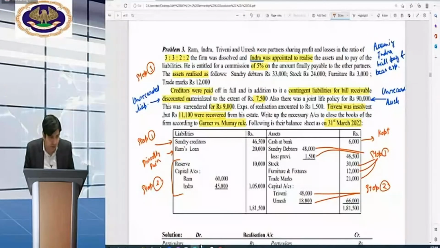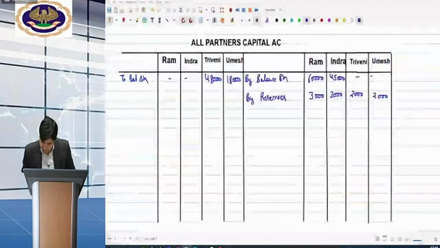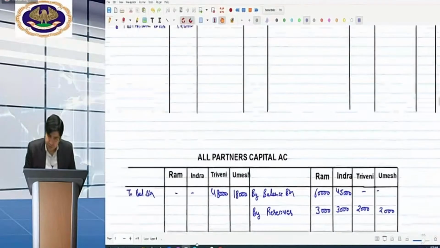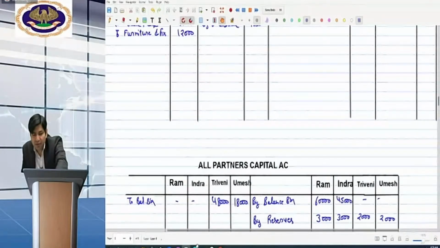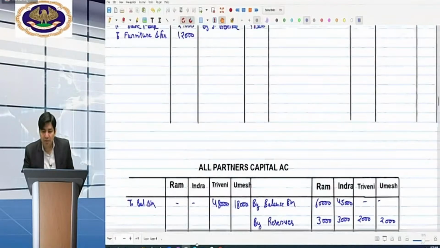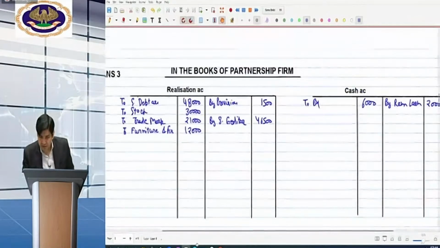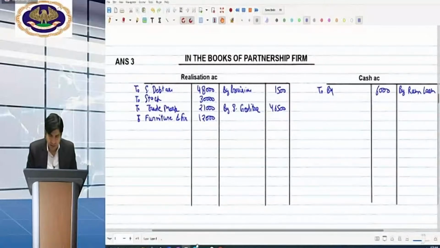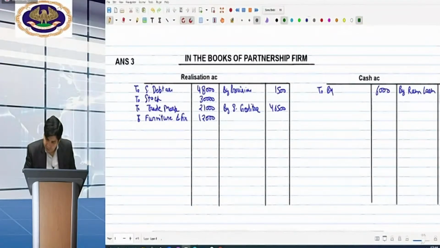Step number 3, now there is realization, beta, fastest mode. Please apply fastest mode. Now by cash and bank account, what are the realizations?